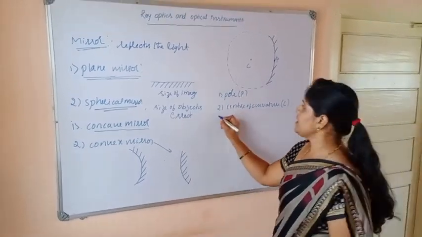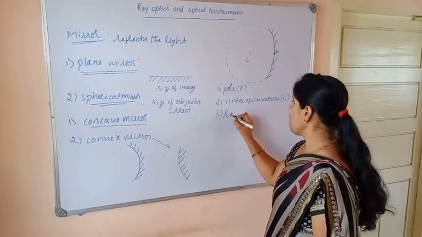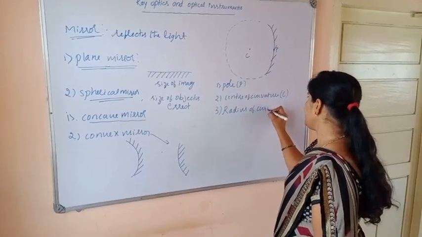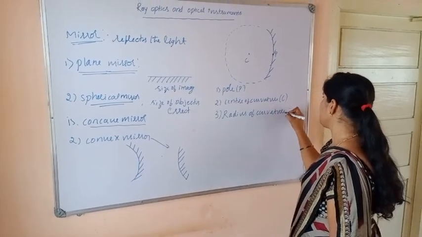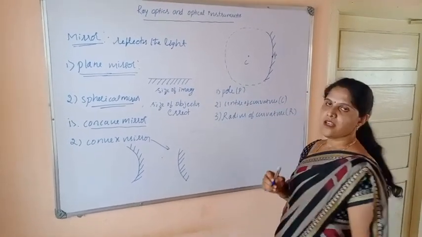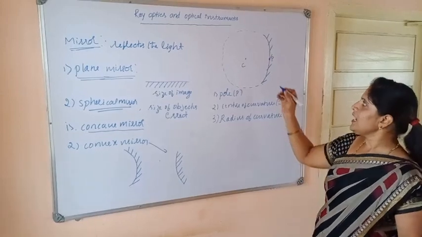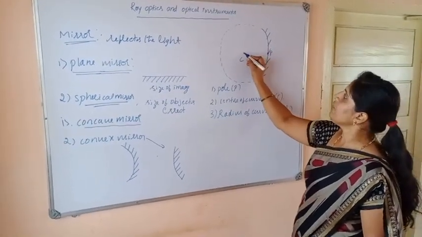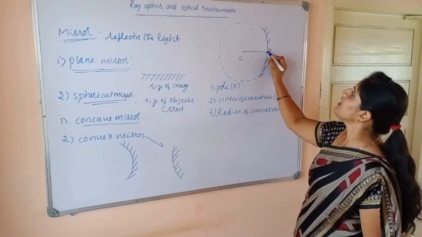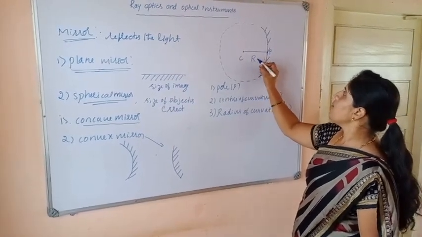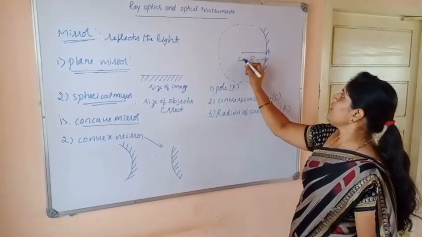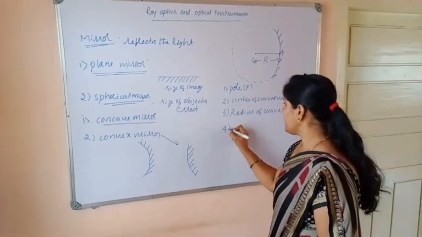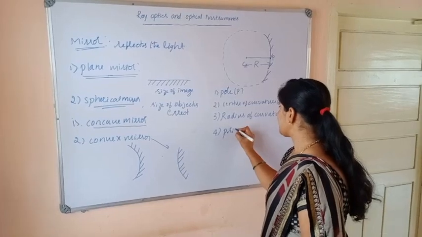Next is the radius of curvature, denoted by the letter R. Radius of curvature is the distance between the pole and center of curvature. The fourth one is the principal axis.